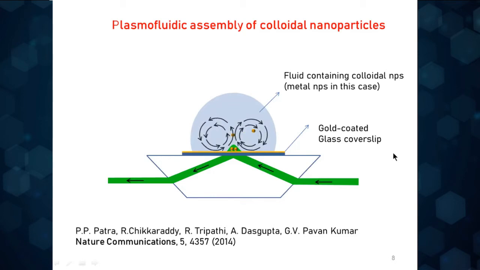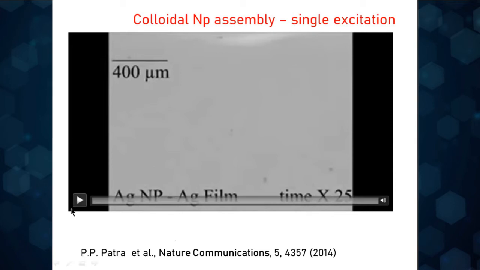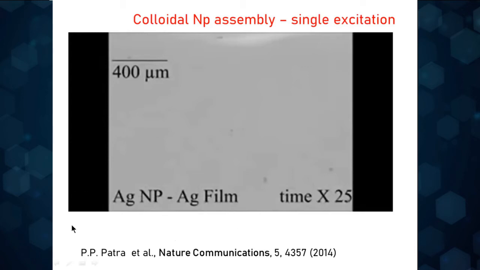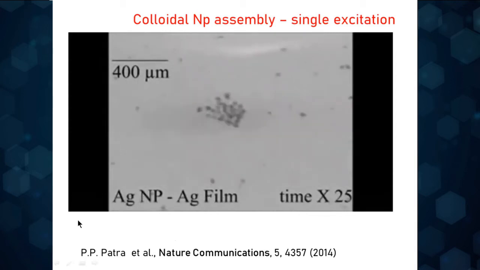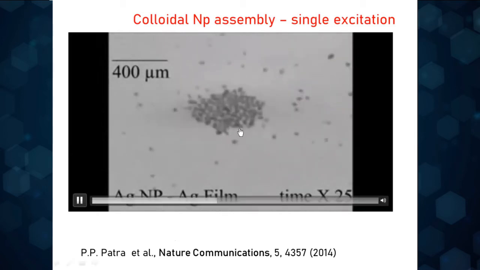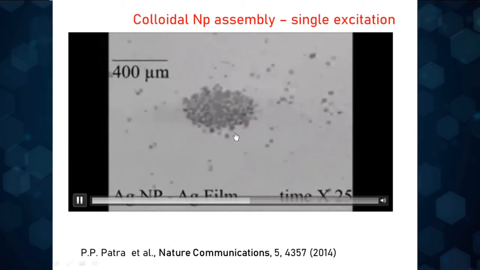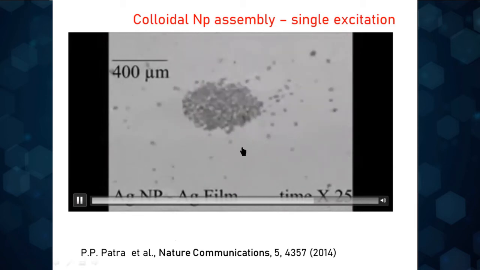So let me give you an overview in terms of videos. In this case, for example, we have silver nanoparticles on a silver film, and we do a similar experiment to what I just showed. If you illuminate the film, you start seeing aggregates of particles. What you are seeing in this video is aggregates of nanoparticles forming a super aggregate.